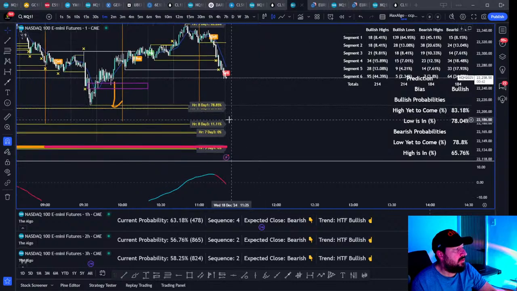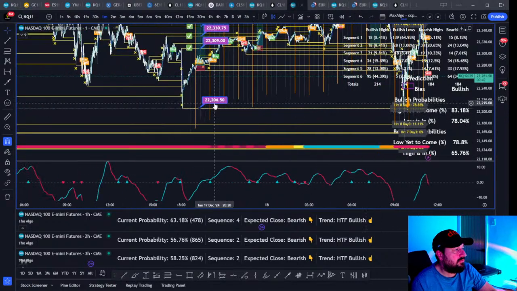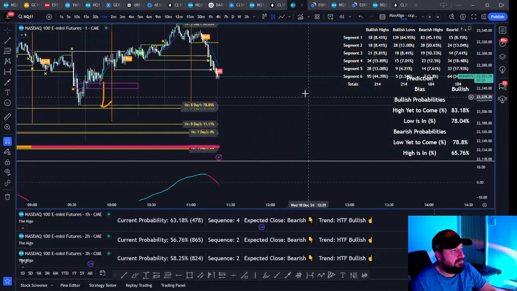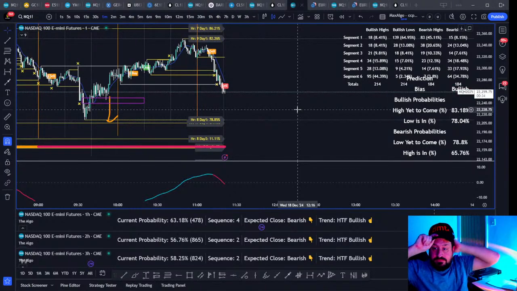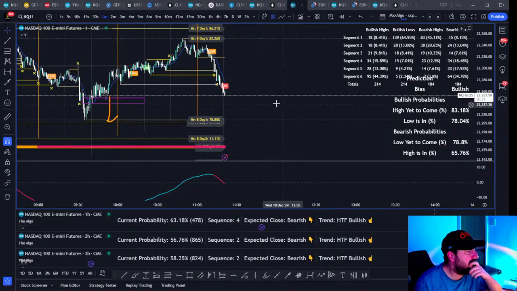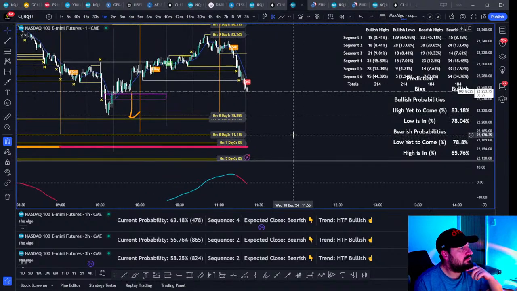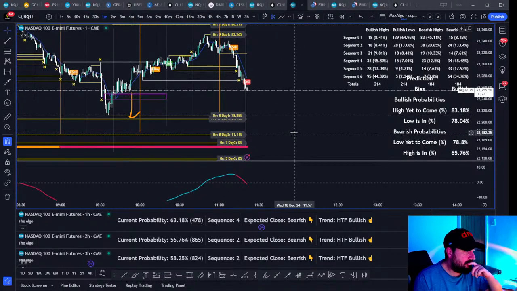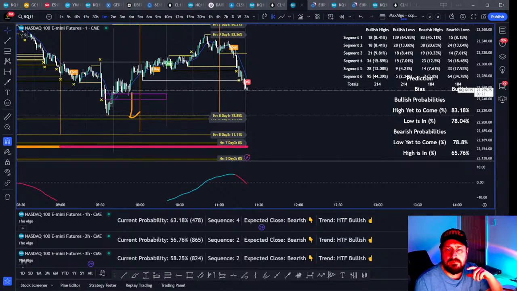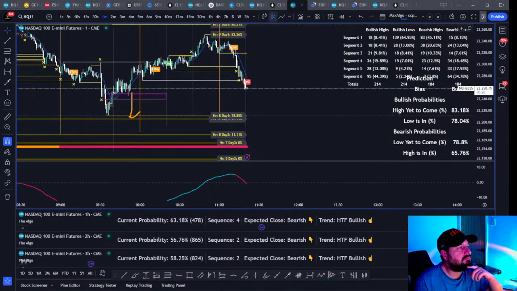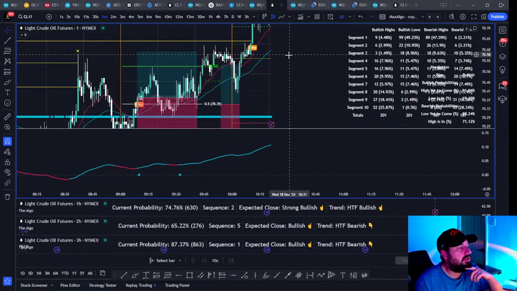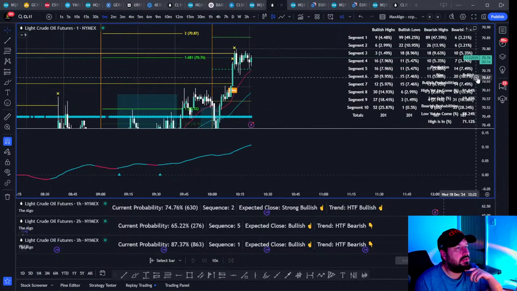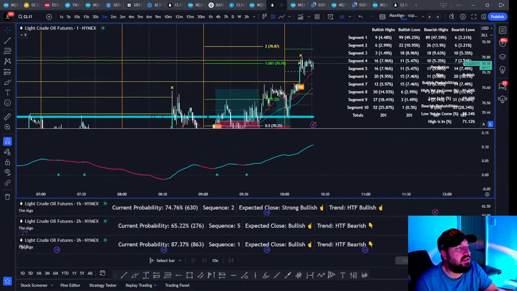But it is looking like we should drive for that low from last night. CL's taking the rest of that liquidity.